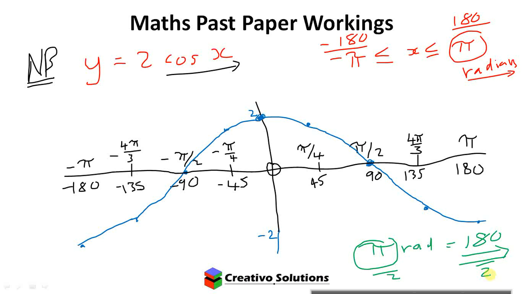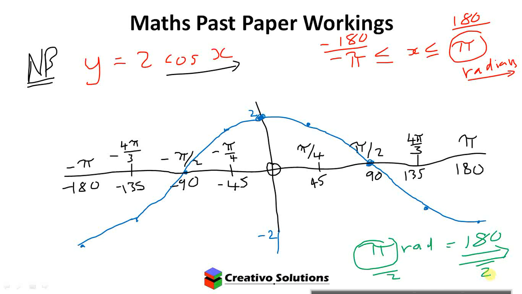Pi divided by 4 is the same as 180 divided by 4, which gives me 45. I'm just dividing it by the number. So to get the 4 over 3, 180 divided by the number, 135, gives me 4 over 3.